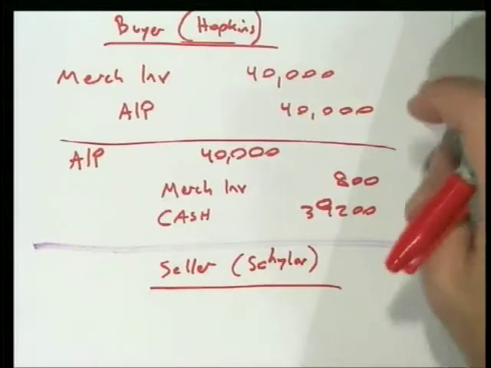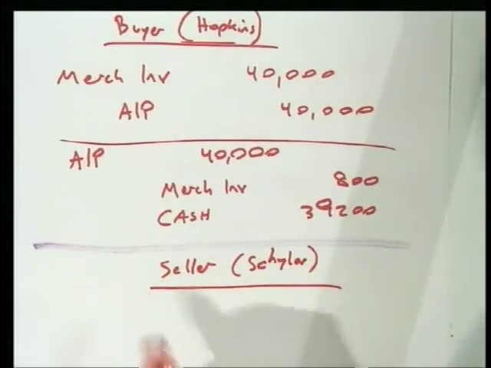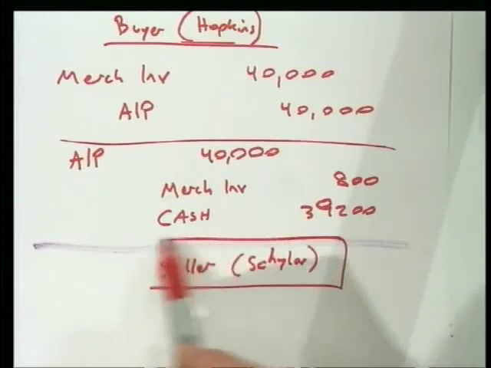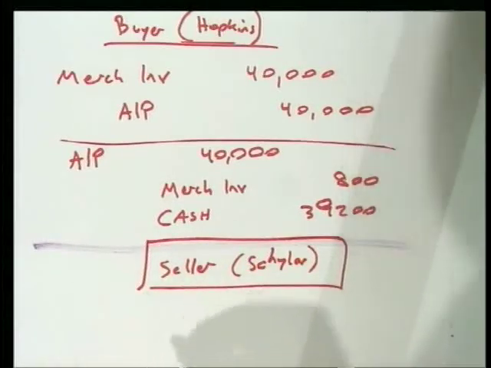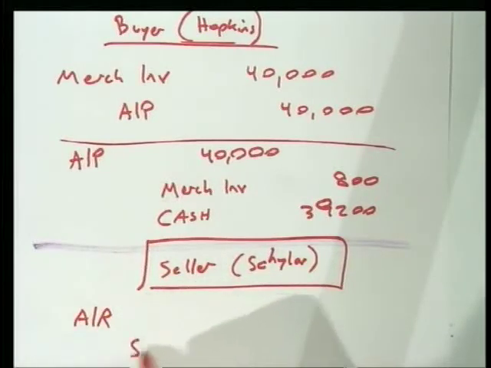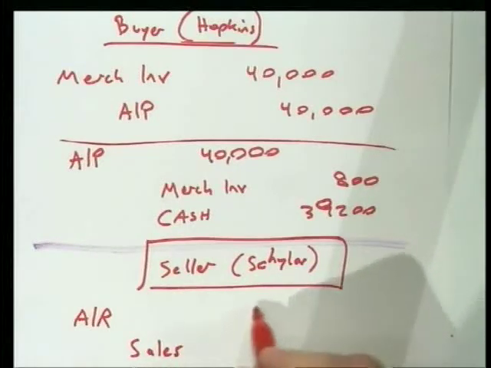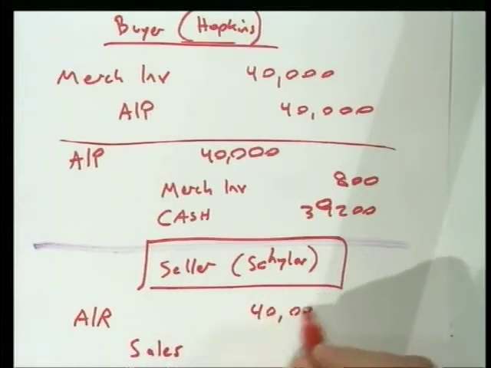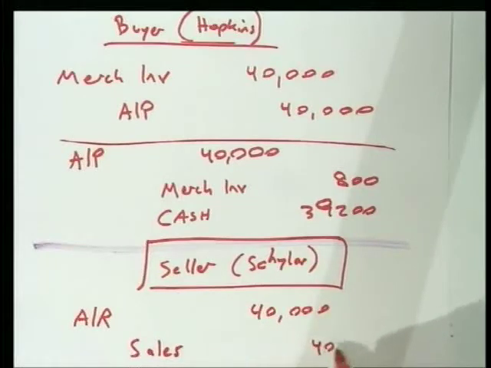When the initial transaction occurred, the journal entry was, there actually were 2 journal entries, weren't there? There was an accounts receivable and a sales that were debited and credited for $40,000. Okay?